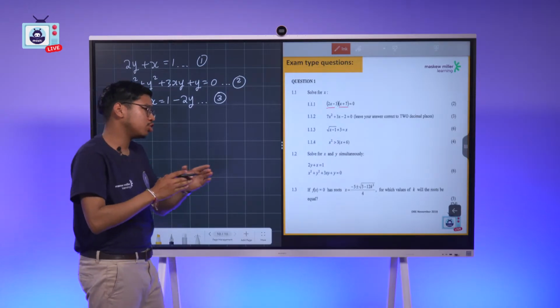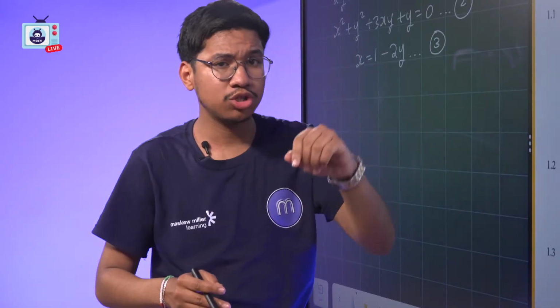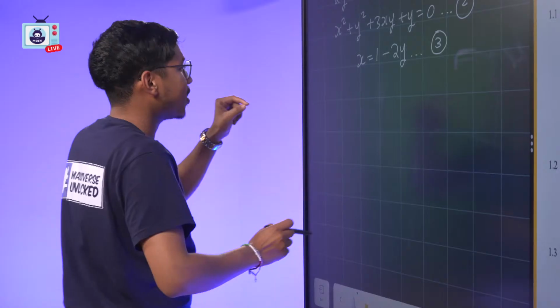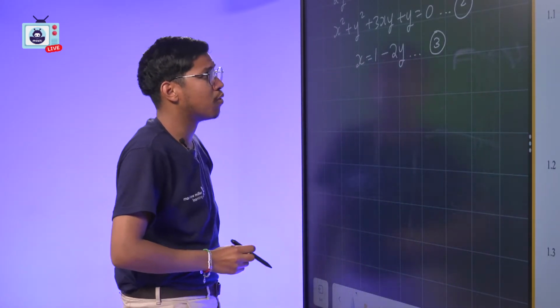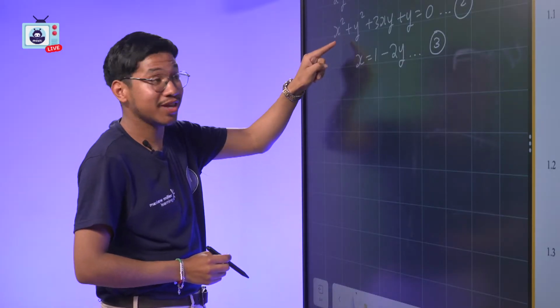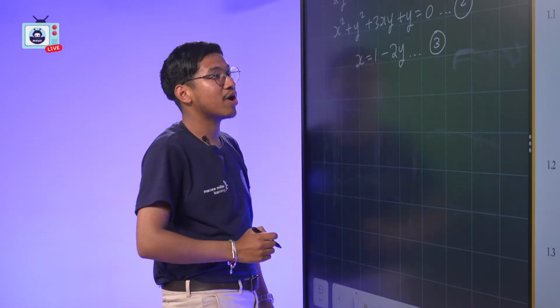So if I used equation number 1 to create equation number 3, then I will substitute equation number 3 into equation number 2. So that means now wherever I see x, I'm going to put 1 minus 2y. And look here, I start off with x, so in place of x, I must have 1 minus 2y.